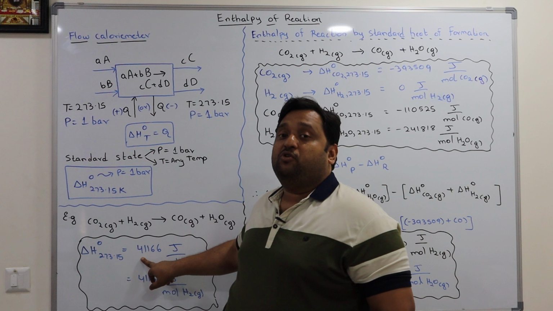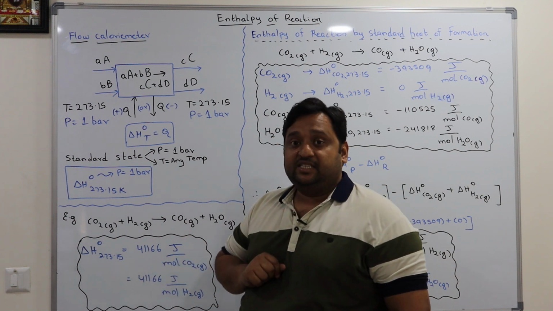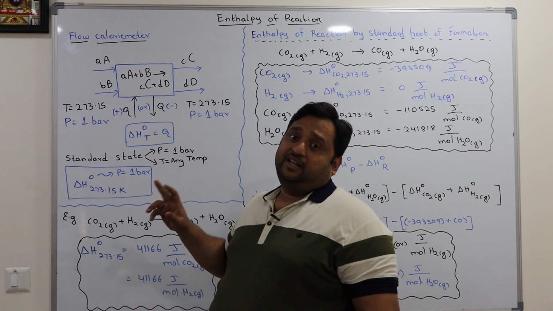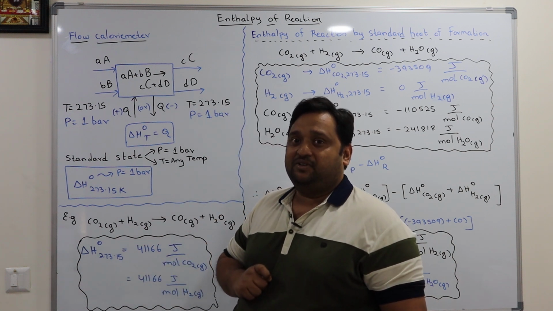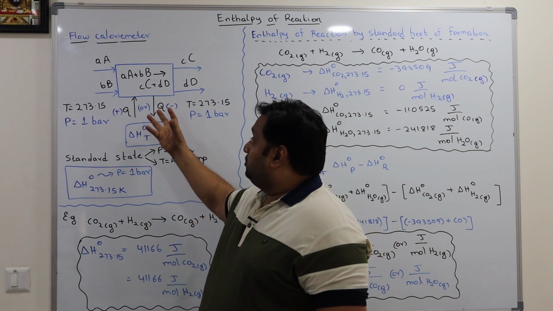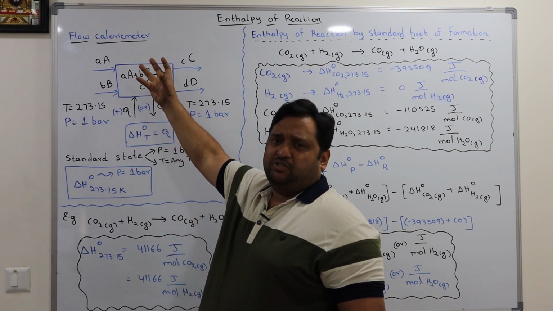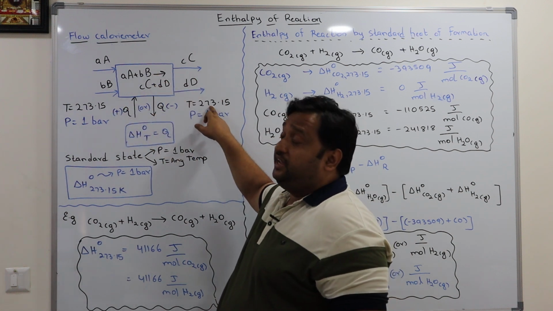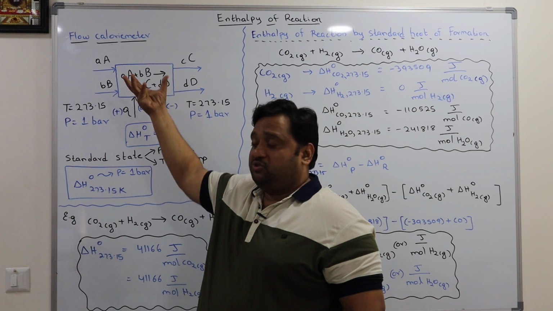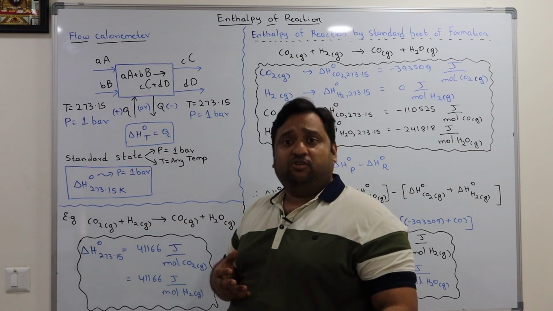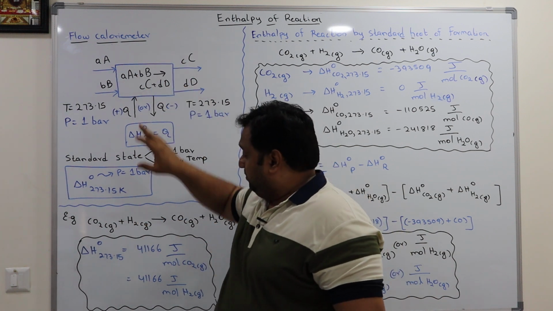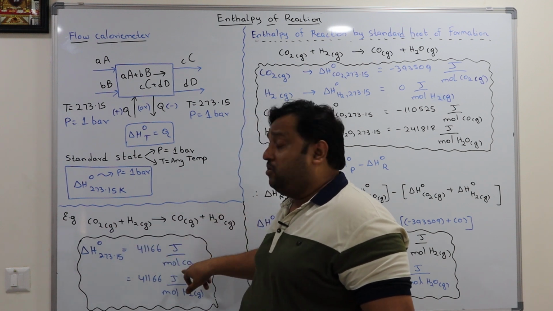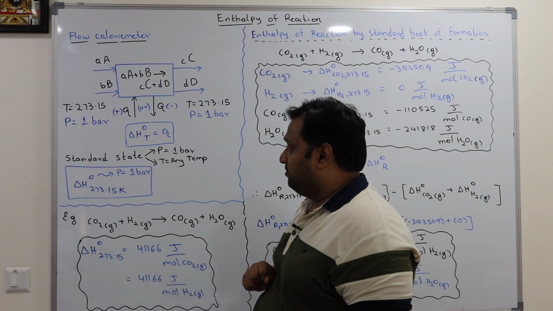The number here is positive, 41166. Positive means what kind of reaction is this? That is an endothermic reaction. That means you have to supply the heat, because endothermic reactions tend to reduce the temperature. To keep it back at 273 Kelvin, you have to supply the heat. So this particular reaction is an endothermic reaction, with an enthalpy of 41166 joule per mole of CO2.